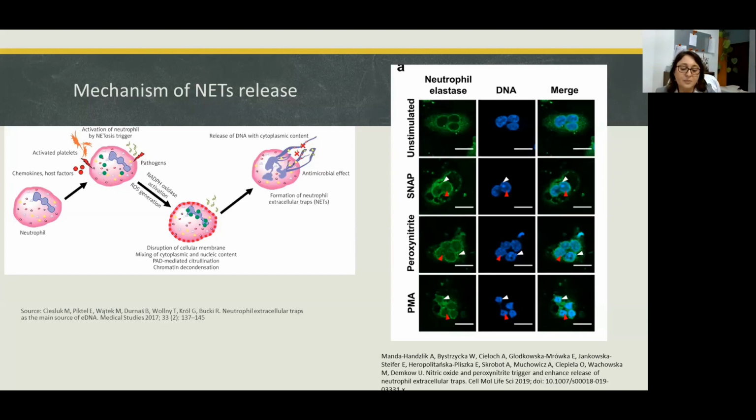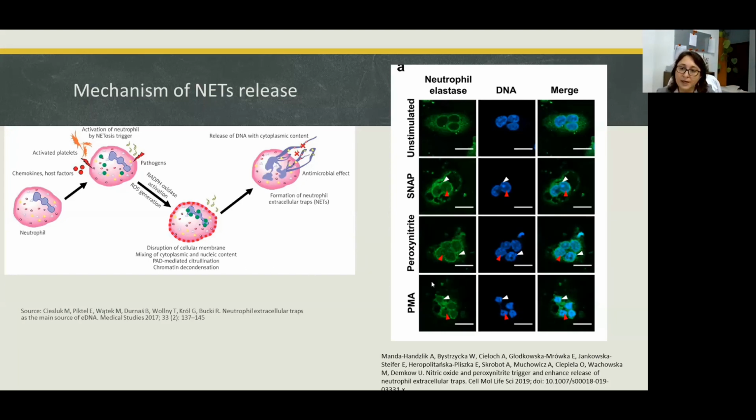Reactive oxygen species resulting from the oxidative burst trigger disintegration of a multiprotein complex to release active neutrophil elastase, which is a primary component of NETs. And this neutrophil elastase is released into the cytoplasm. Then the neutrophil elastase migrates to the nucleus where it cleaves histones and other proteins to decondense the chromatin.